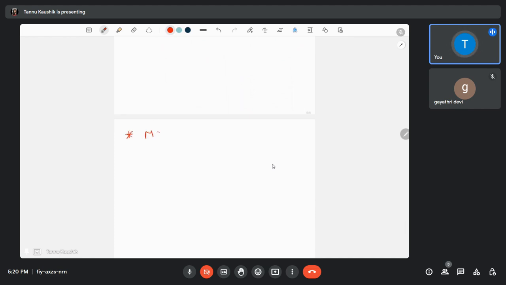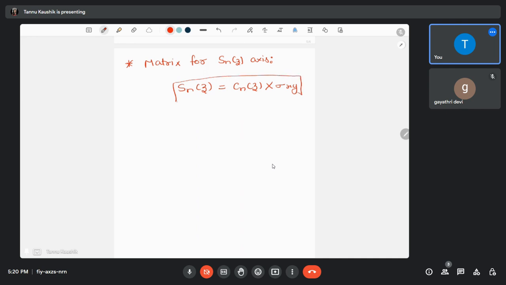So now we will be discussing matrices for Sn axis. This Sn is the multiplication of the Cn symmetry operation and a plane perpendicular to it, which is sigma xy.